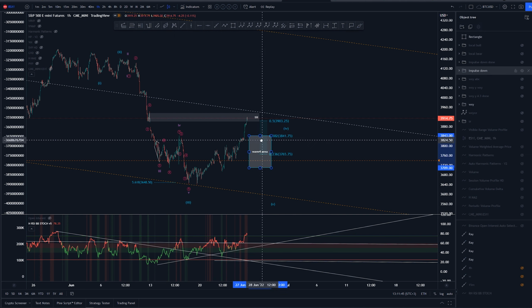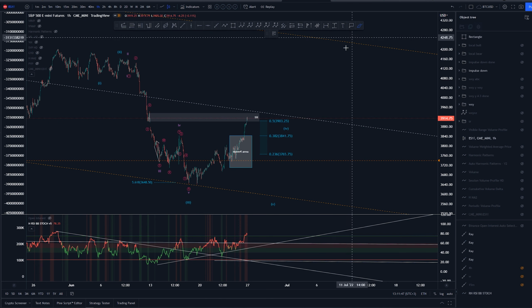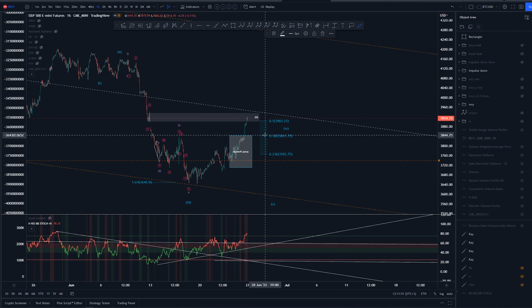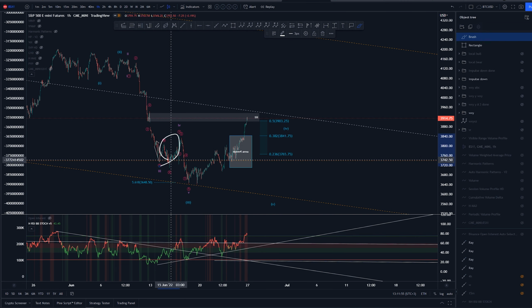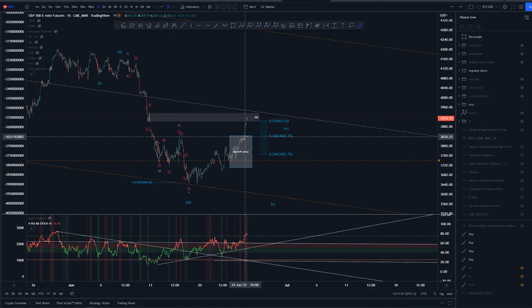Now, what makes this less likely of a count is that, again, we were expecting this whole structure to get to around these areas, the previous wave 4 of this sub-minuet structure. We did get there, but we shot up higher. So in this case, we would have to prefer some other count if they are available, and they are available.